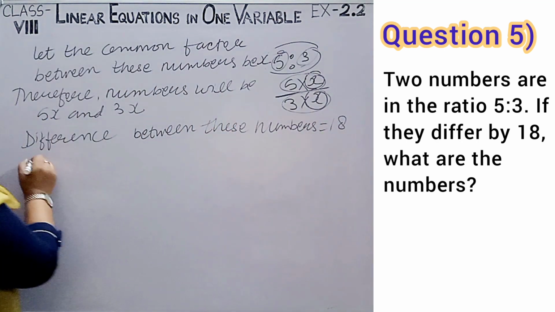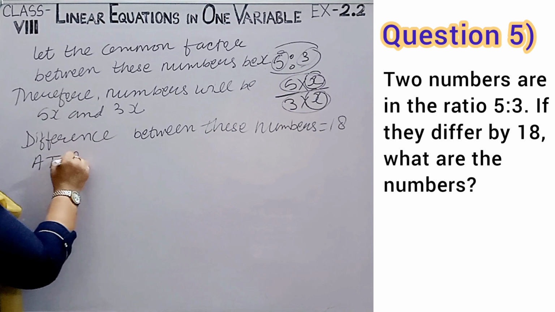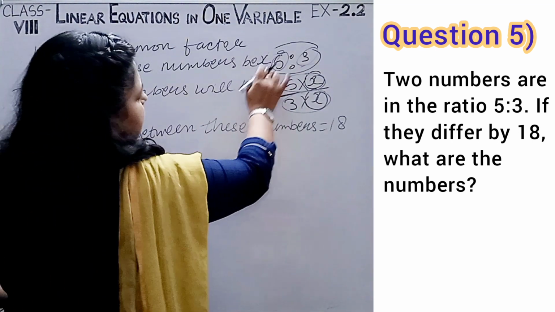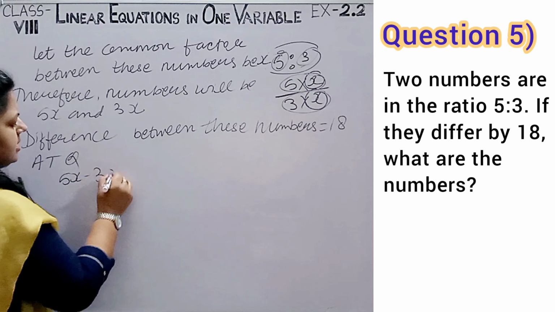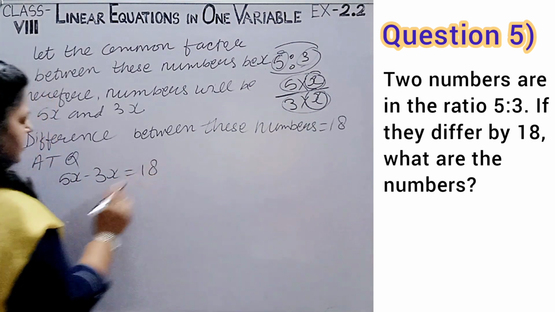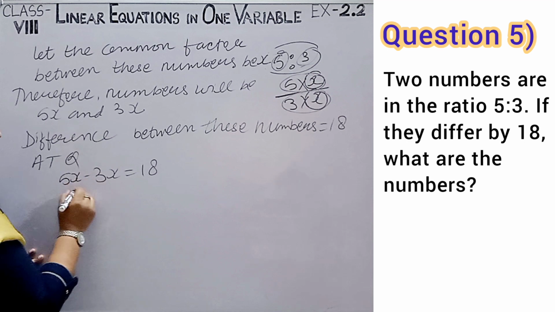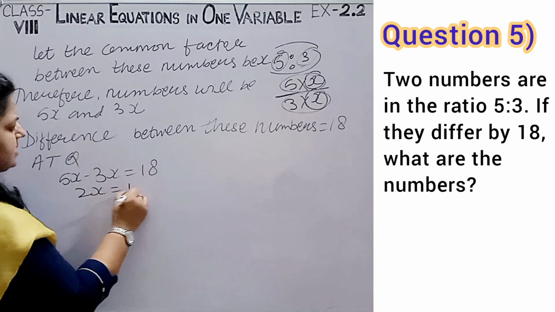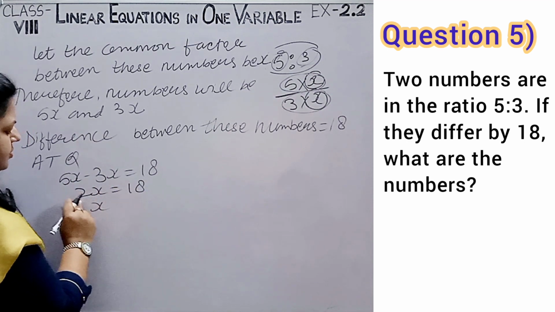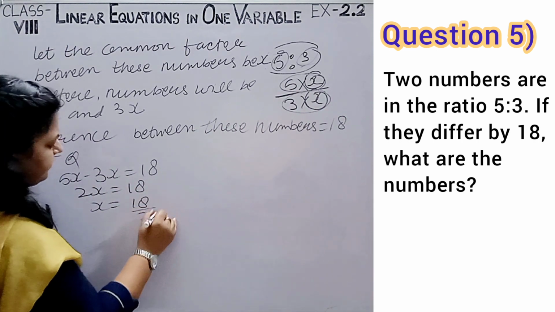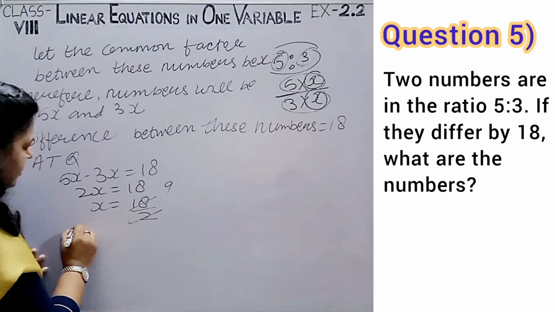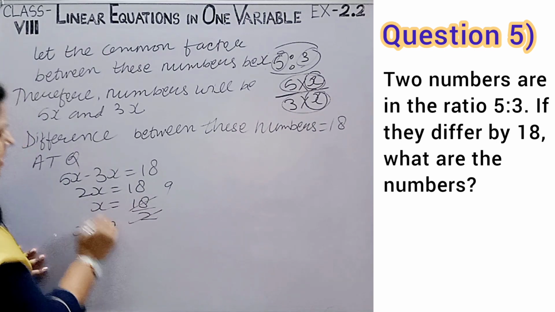According to the question, 5x minus 3x equal to 18. Now 5 minus 3 is 2x equal to 18. Transposing 2 from left to right, 18 upon 2, 9. It means x is 9.